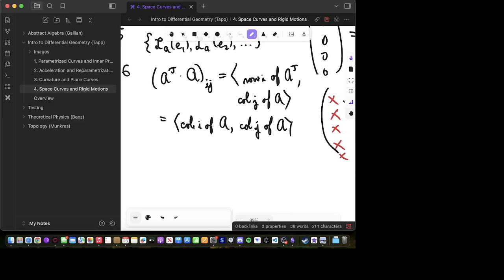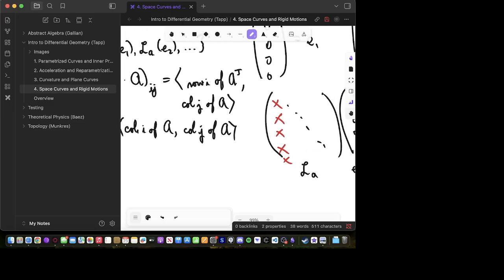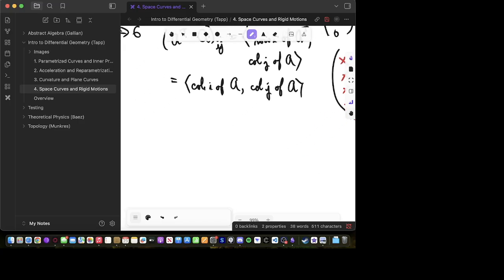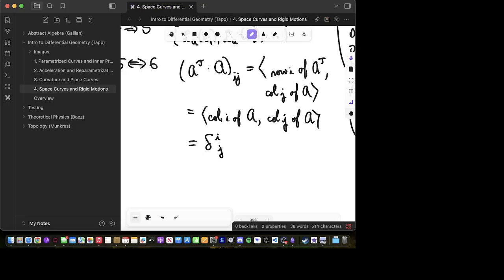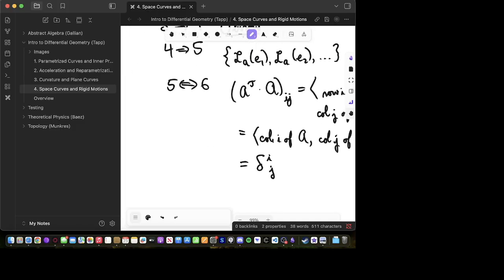And since A forms an orthonormal basis of Rn, it's pretty clear that this is our old friend, the Kronecker delta function, which I covered in the first video.